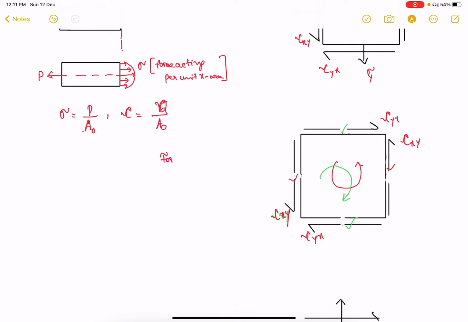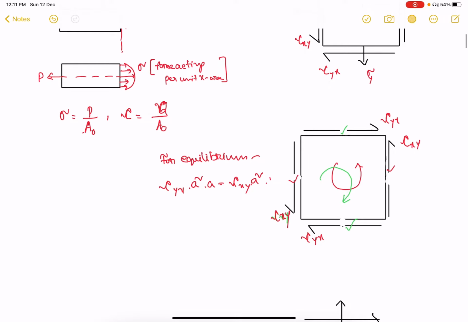For equilibrium, tau yx into s square into the perpendicular distance equals tau xy into s square into the perpendicular distance, if we consider a unit square. This implies that for equilibrium these two pairs of stresses must be equal.